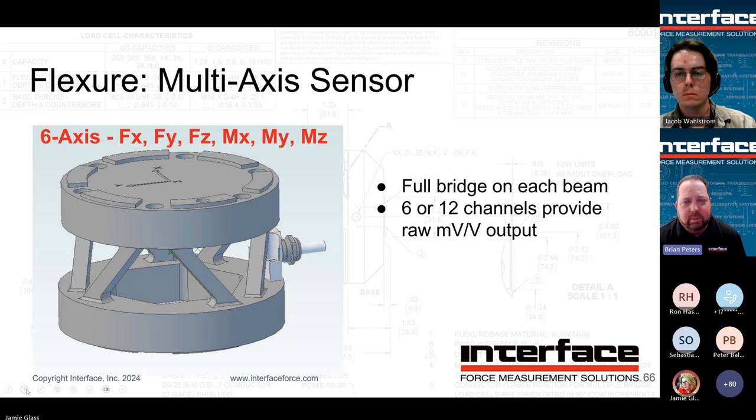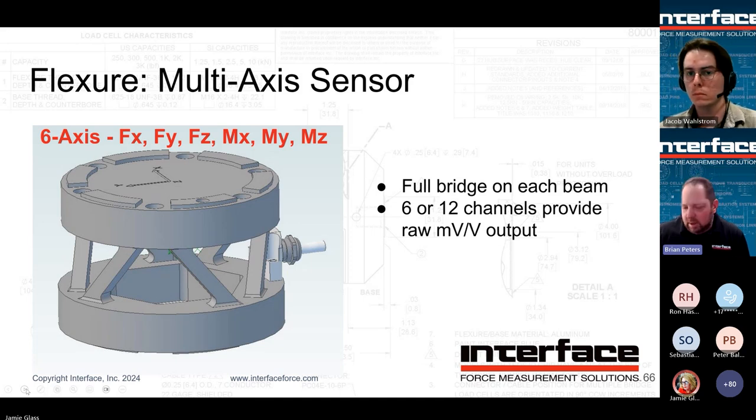So here's an example of, again, a multi-axis where instead of having a bridge that is specific to the axis of measurement, you have many different millivolt per volt signals coming out, but through very careful and accurate calibration, you can characterize how a specific applied load impacts each one of those millivolt per volt signals, and then be able to run that into your instrumentation.